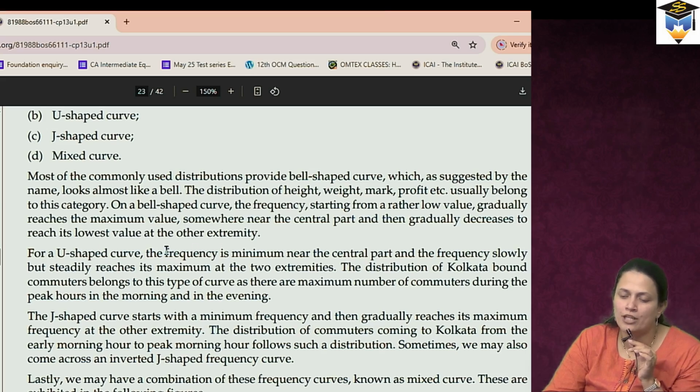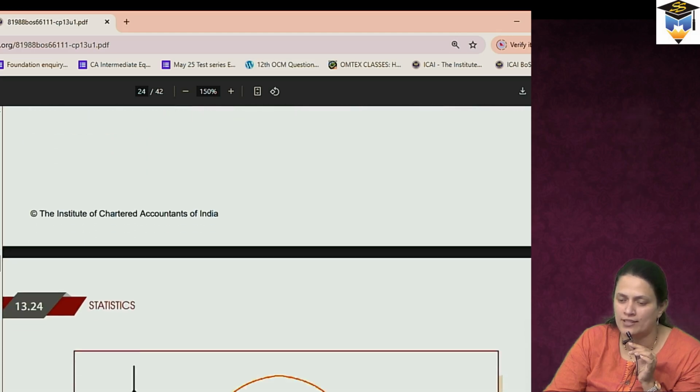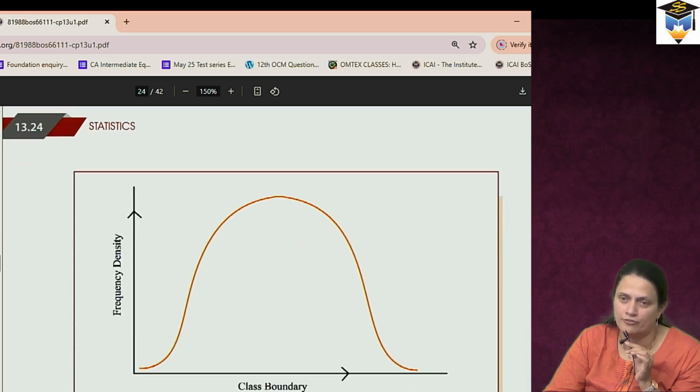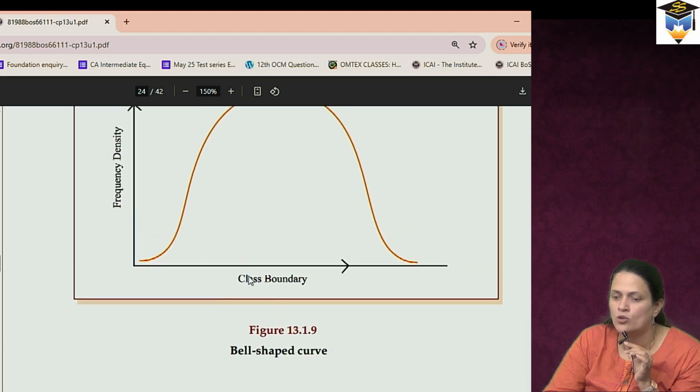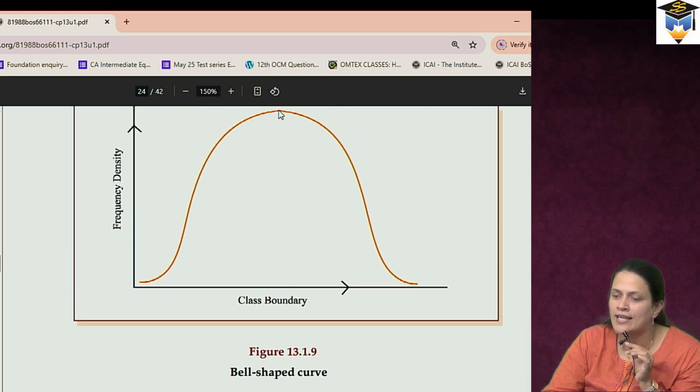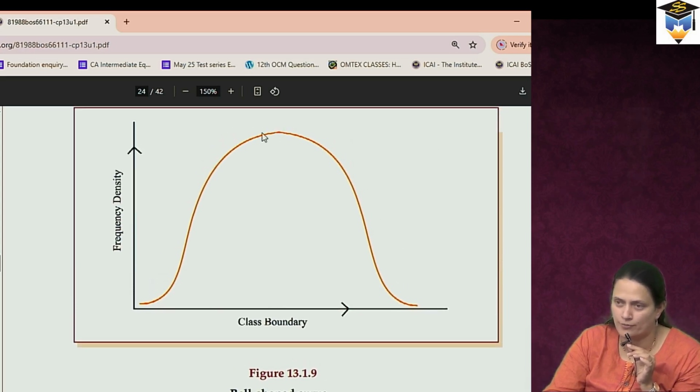For a U-shaped curve, frequency is minimum near the central part and slowly reaches the maximum at the extremities. So this is a bell-shaped curve. Where are the extremities? This is the highest level, the highest frequency that is obtained, and these are the lower frequencies.